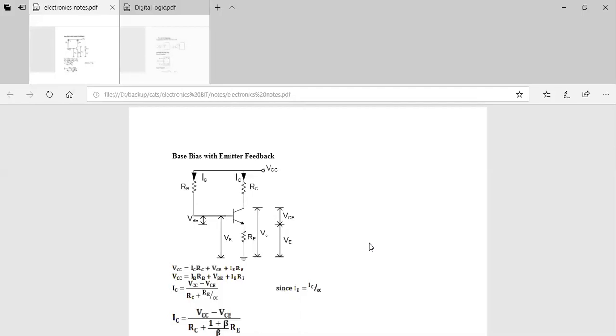RB, there was one for 1 mega ohms, and the other one was 5 kilo ohms. So did you do the one? I think I had given you 2, and there was one which was for this question here, for this base bias with the emitter feedback concept.